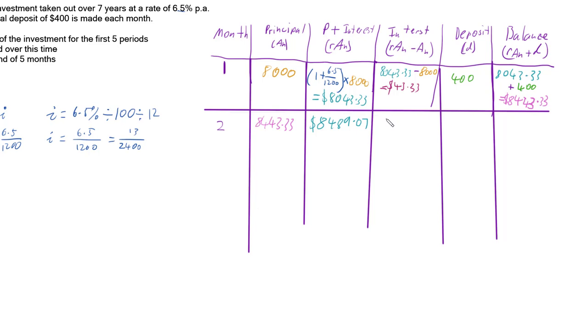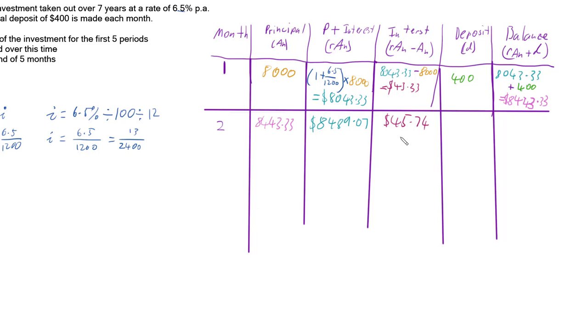I can then work out the interest, which is take this value, $8,489.07, and minus off my principal, $8,443.33. If we do that, that gives us this time that our interest is $45.74. So we've already gained an extra $2 in interest on top of our amount.